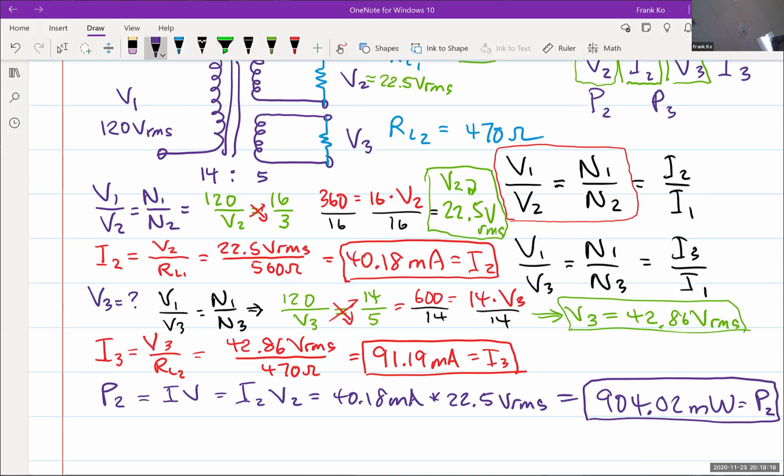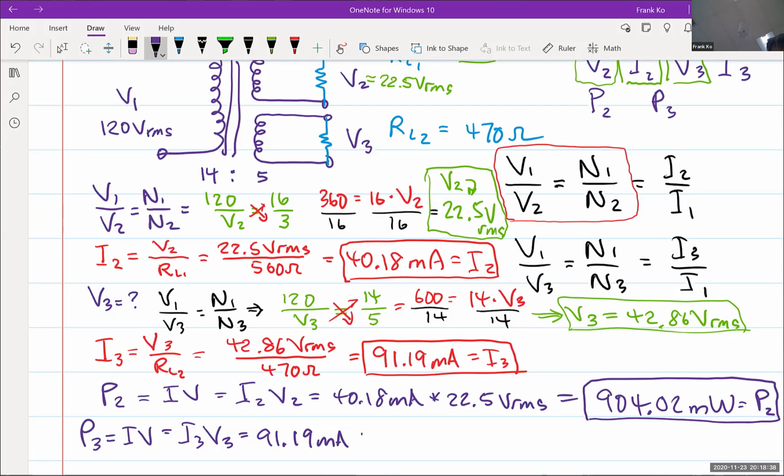Terrific. All right. And now for P3, Mr. Weiji, back to you. So, IV, which I times which V? V3 times I3. Okay. And my I3 is 91.19 milliamps.